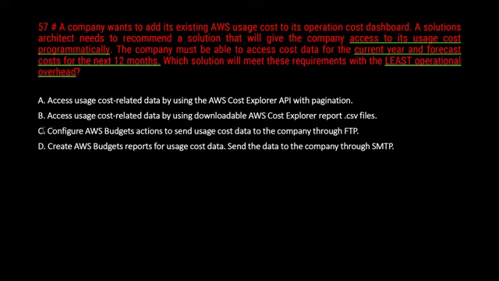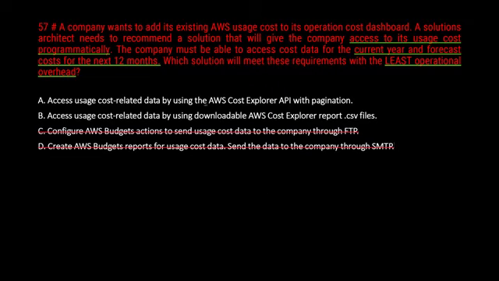Budgets don't forecast. Budgets we already know. You can create alerts for different budgets. If your account reaches more than $10, you can send an alert. It just creates alerts. It doesn't limit the usage to be $10, and it doesn't stop automatically. So you can eliminate budgets.